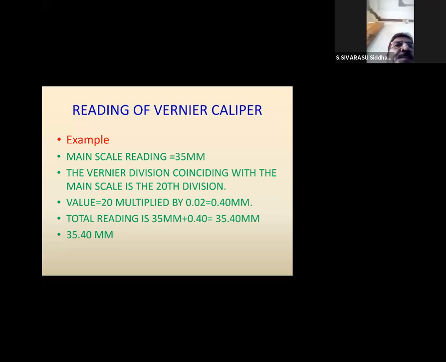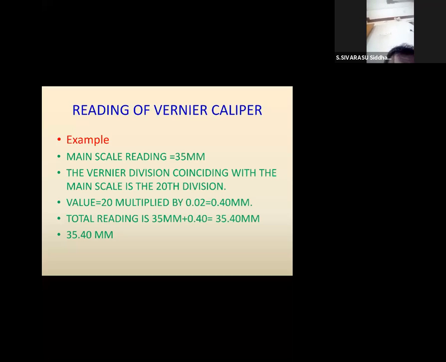The least count, the difference between one main scale division and one vernier scale division, is 0.02 mm.